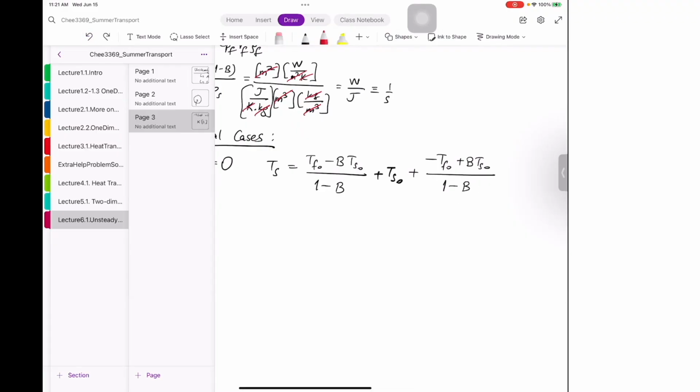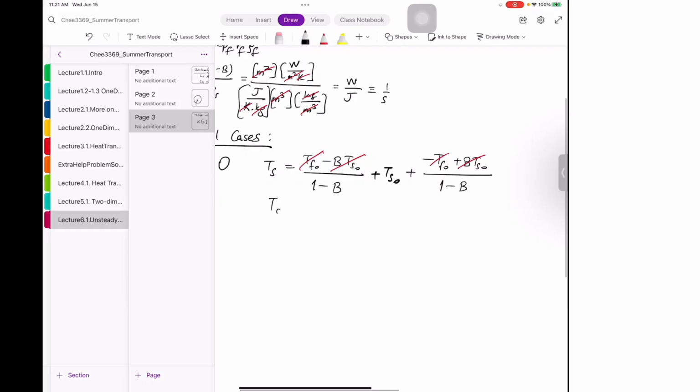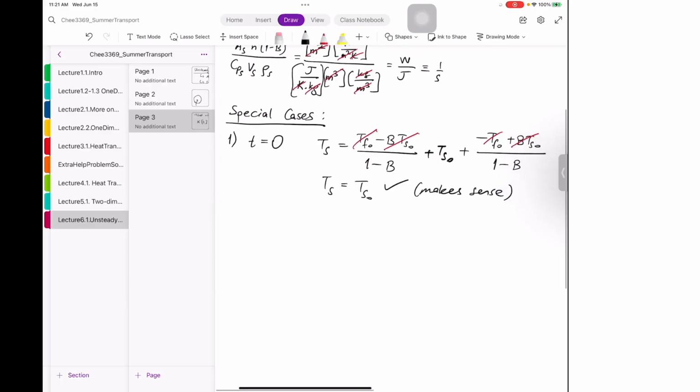So you can add these terms, this cancels, these two cancel, and you get Ts is equal to Ts0, which makes sense because we know that initially the solid temperature must be the Ts0.